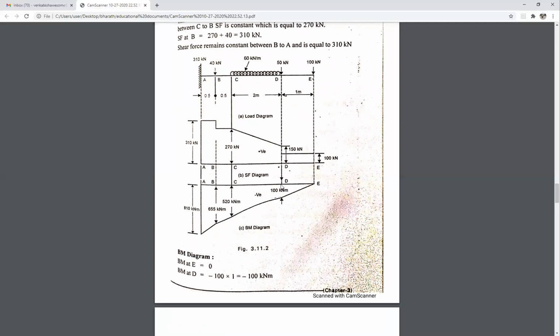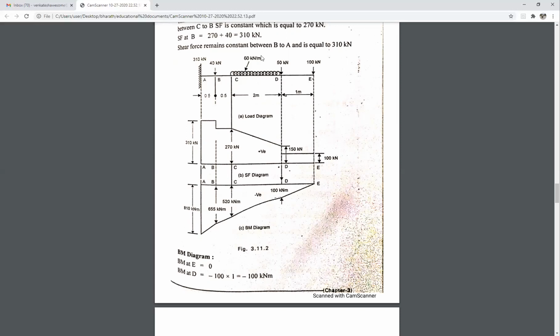Here also, while we consider the bending moment for the UDL, the entire load will be acting at the center of the distance. Suppose I need to consider the bending moment at A with respect to the UDL. How do we calculate the bending moment?